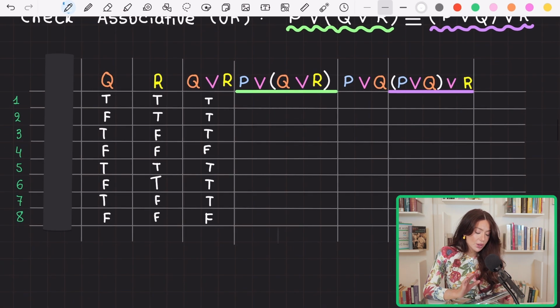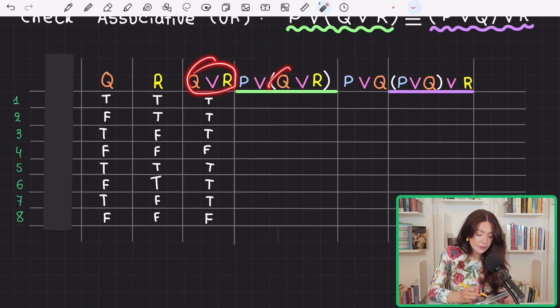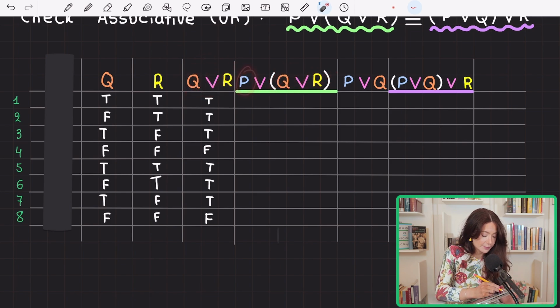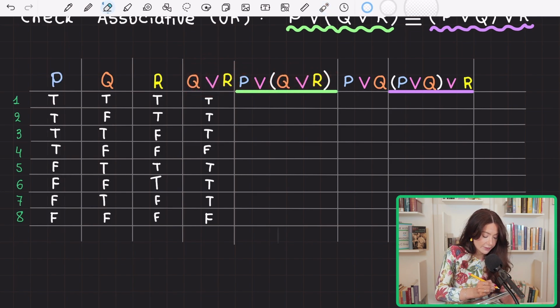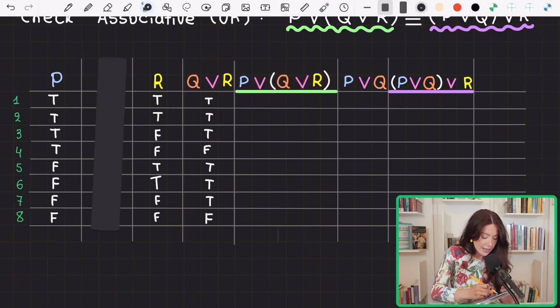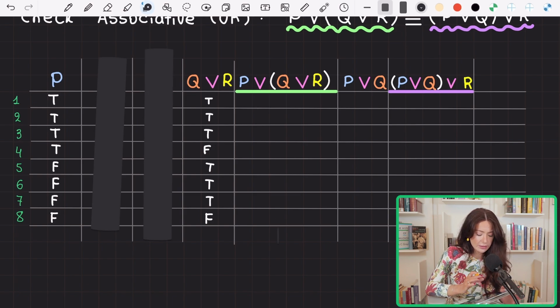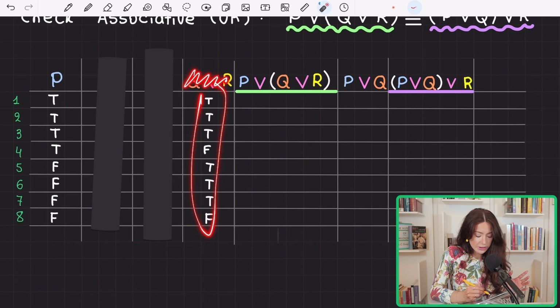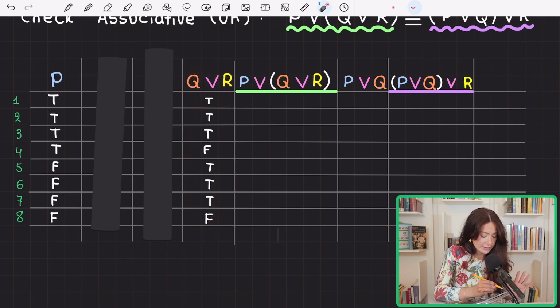Now I'm going to cover up everything else except from P and this. So this I'm going to treat as one unit, and then I also need P. So I'm going to uncover that and then cover Q and R. I'm no longer looking at those individually because I already got the truth values and that's the only thing I need to look at.